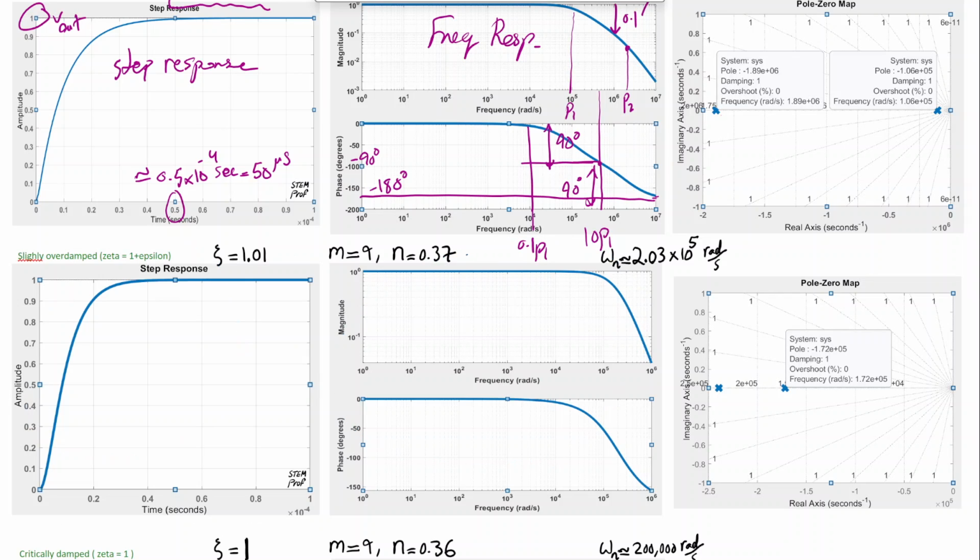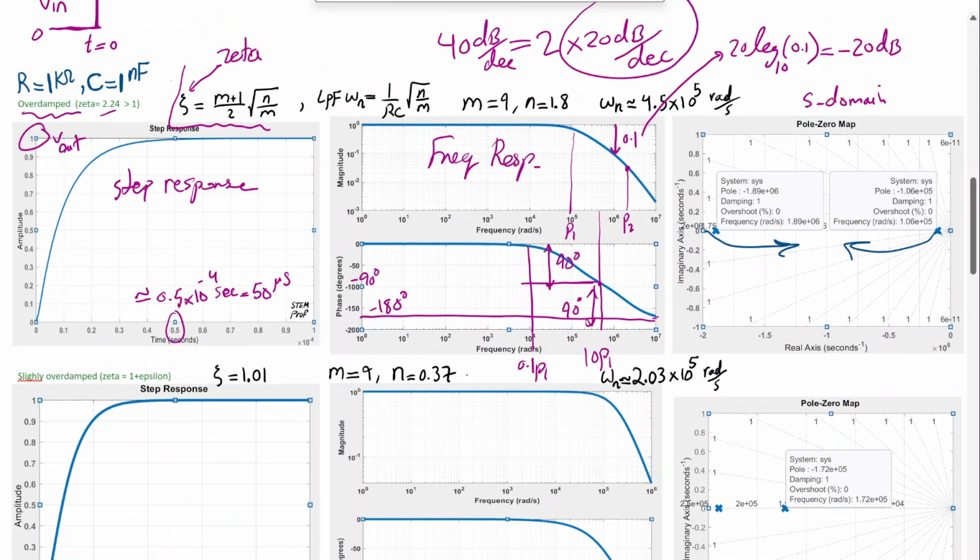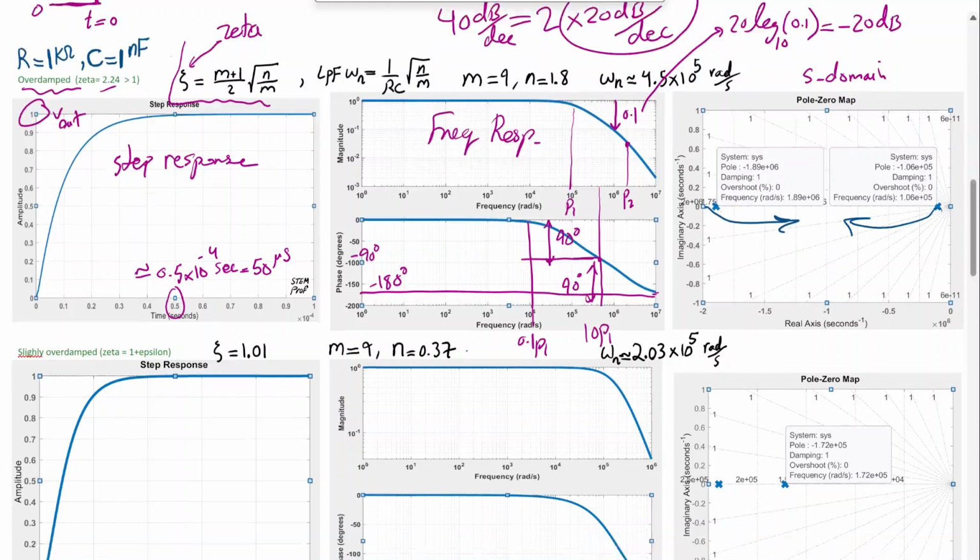The only observable change is that the poles, at let's say 100,000 radian per second and about 2 million radian per second, are now getting closer to each other, at about 240,000 and about 170,000 radian per second. So this pole moves in, this pole moves in, and they become like this. But we don't see that much of a change in the frequency and step response, because zeta has not changed that much; it is still overdamped.